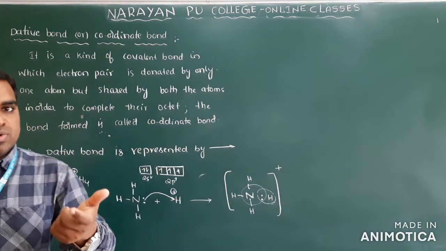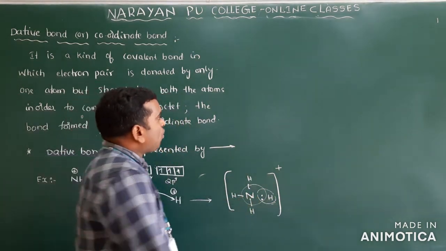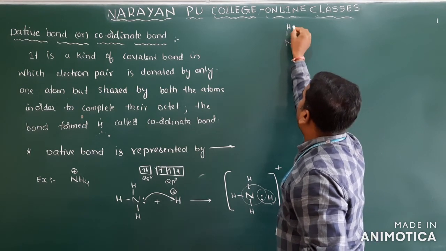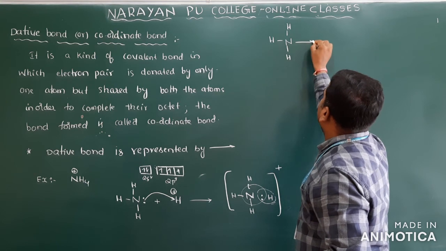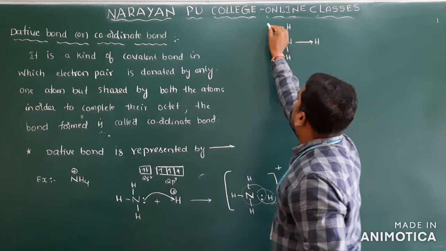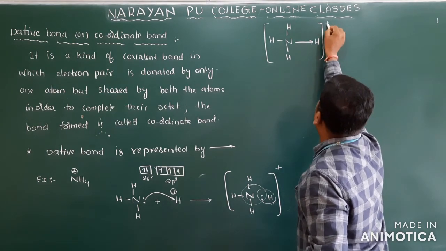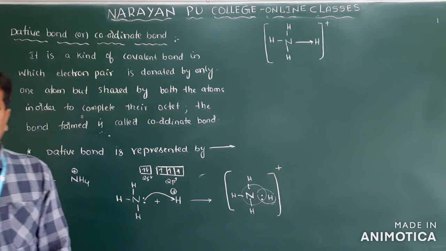In the case of hydrogen, it is the doublet. And the bond formed here, we will write with hydrogen, hydrogen, and hydrogen, and this bond we will call a dative bond.